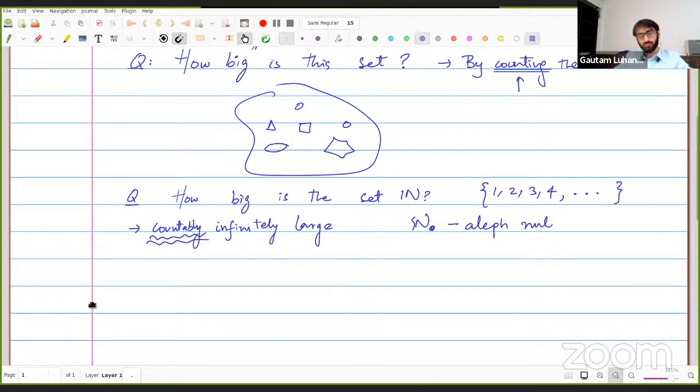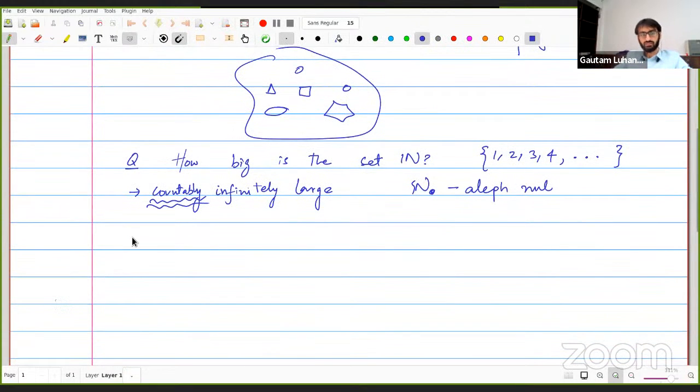So at this point, it's useful to define this notion. This question you can extend: when you ask how big is a set, you can also ask the same question for how big is the set of integers, which includes 0 and the positive and negative natural numbers, how big is the set of rational numbers, and the set of real numbers.